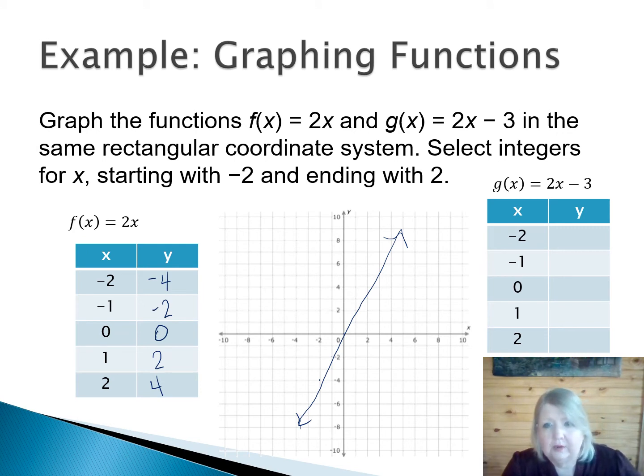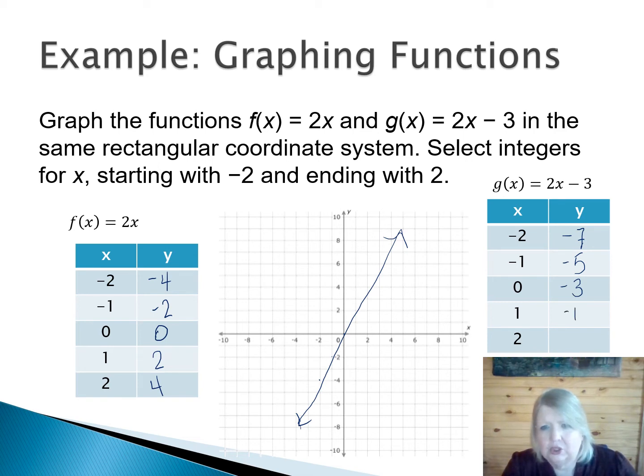Alright, over here, same story. -2 times 2 is -4, minus 3 is -7. -1 times 2 is -2, minus 3 is -5. 0 times 2 is 0, minus 3 is -3. 1 times 2 is 2, minus 3 is -1.